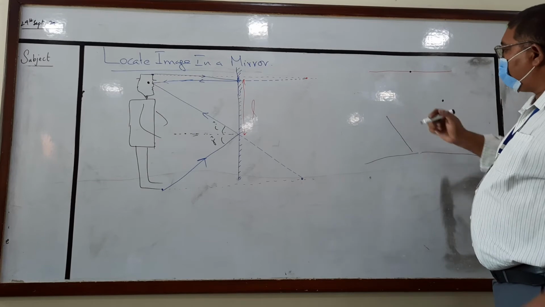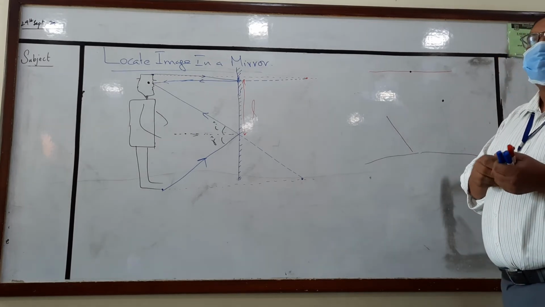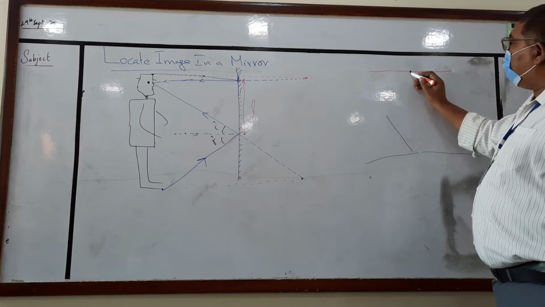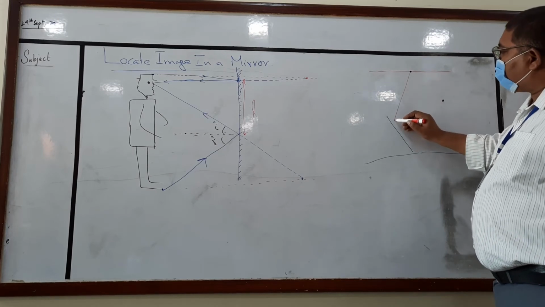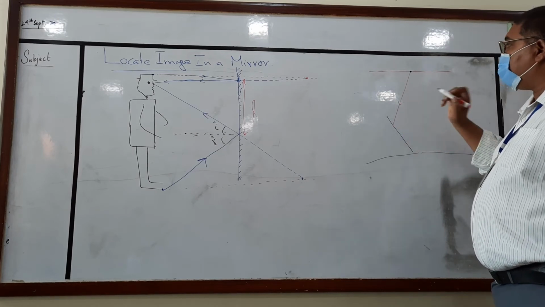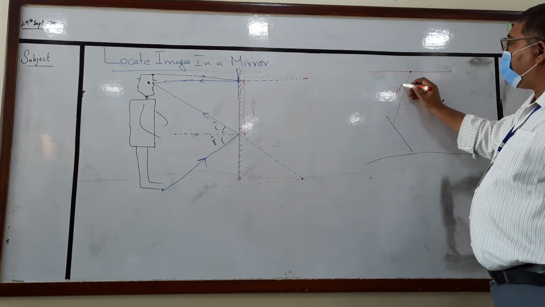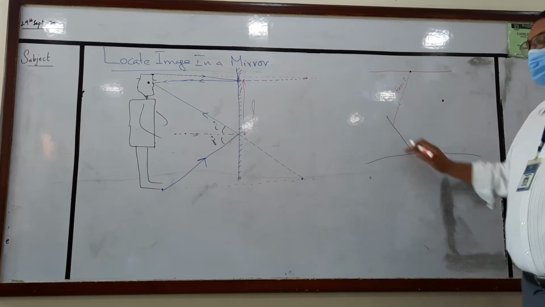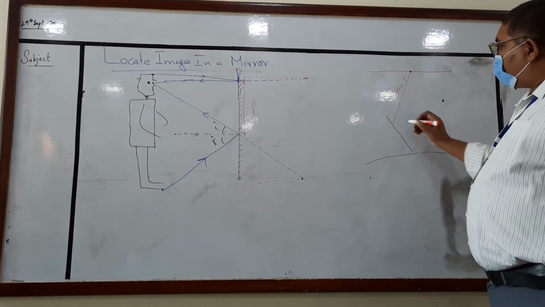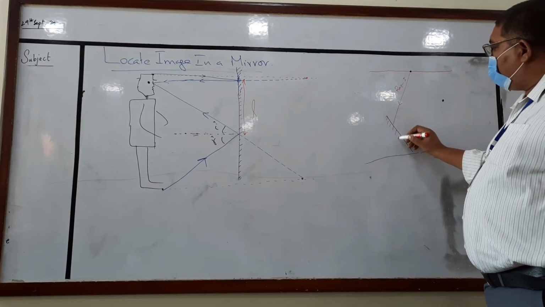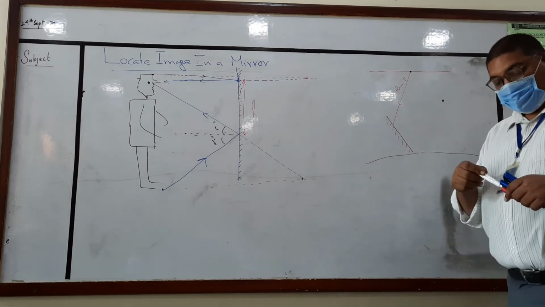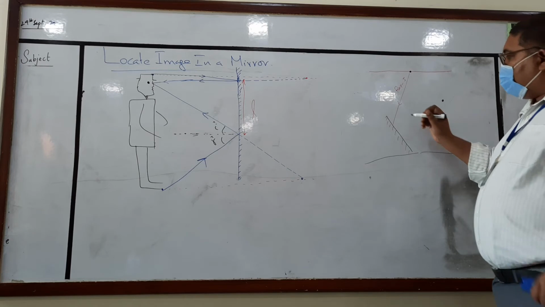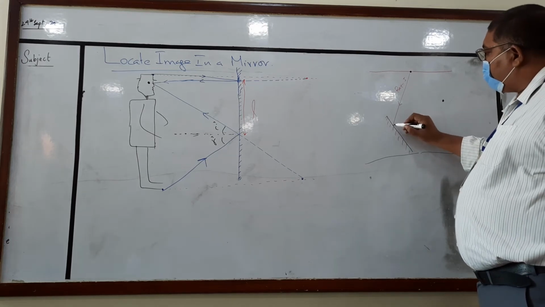Suppose I show you just one ray. Let's say it comes here. From the same point, I am considering ray number 1. This is the mirror. Now it's a different trick. I will draw a normal on this surface.